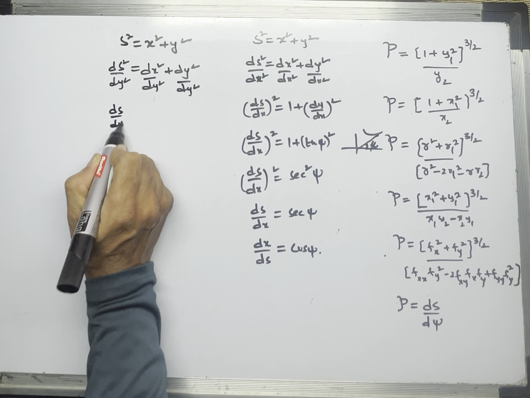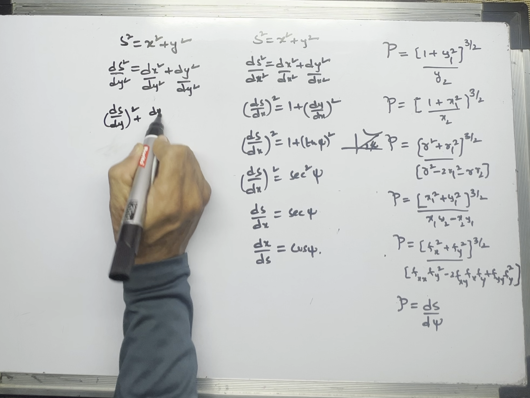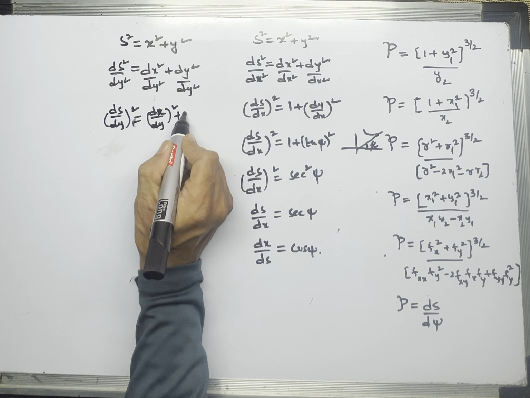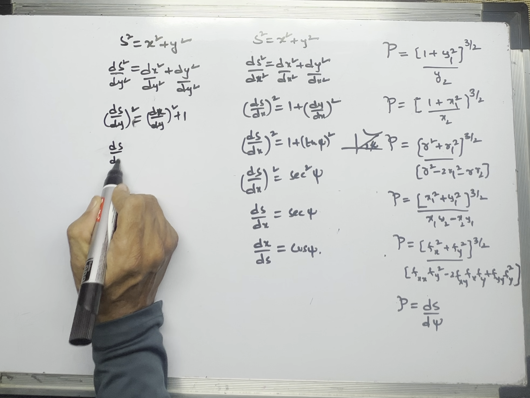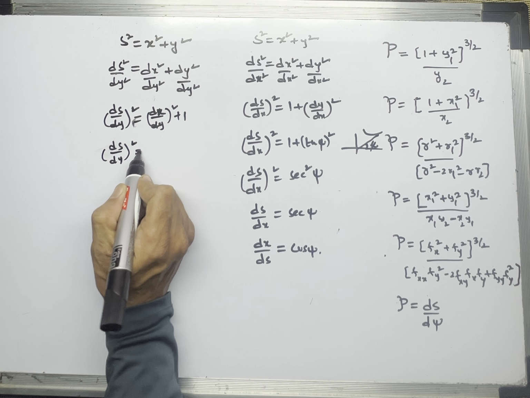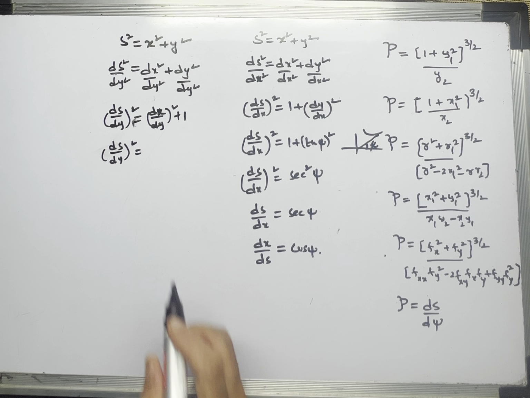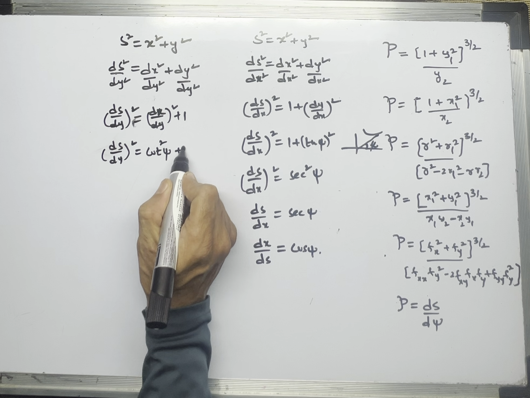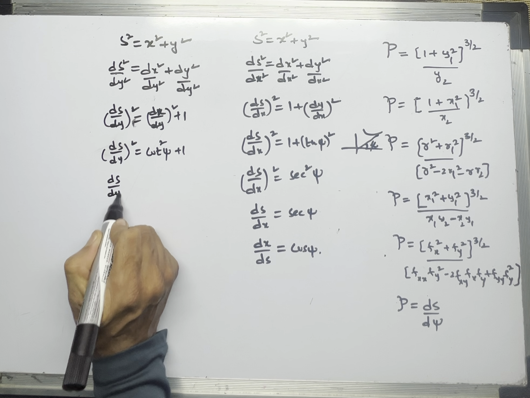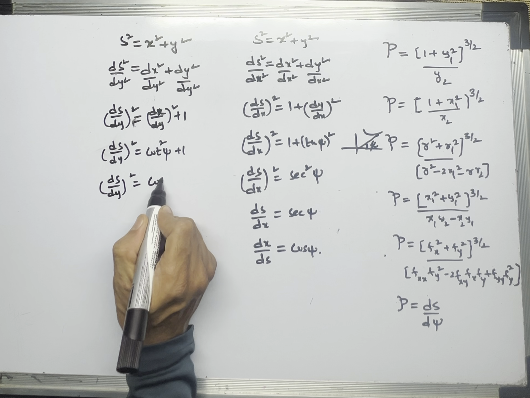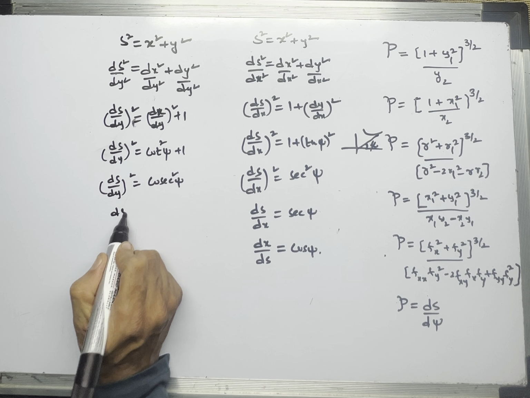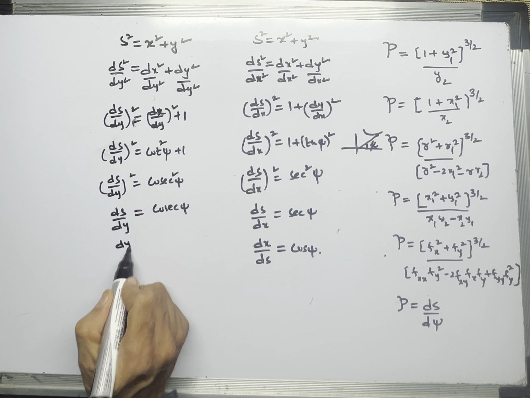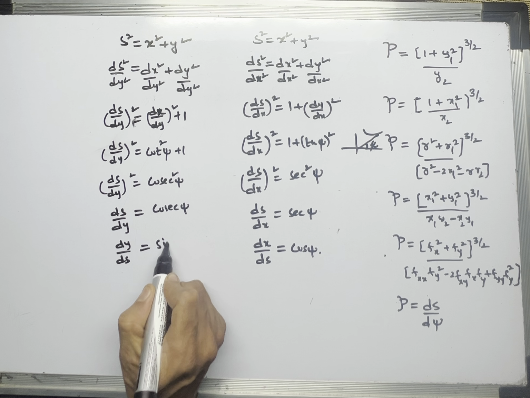So ds by dy whole square equals dx by dy whole square plus 1. dy by dx is tan, so dx by dy is cot in terms of angle. 1 plus cot square is cosecant square. Squares cancel from both sides, ds by dy equals cosecant psi. So dy by ds is equal to sin psi.